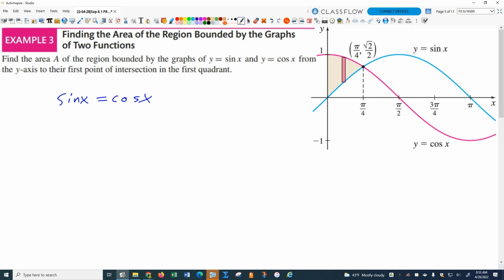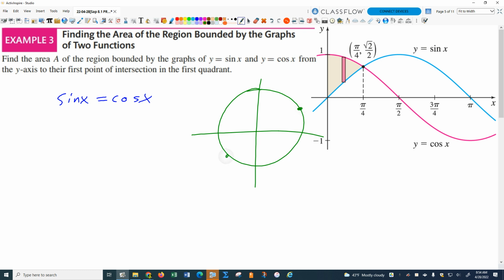If you're thinking in quadrant 1, now it's coincidental that this happens in quadrant 1 of the unit circle. That doesn't mean the same thing. We're talking about quadrant 1 of the xy plane. But if I do think about the unit circle, where do sine and cosine equal each other? Where are their values equal? Pi fourths.